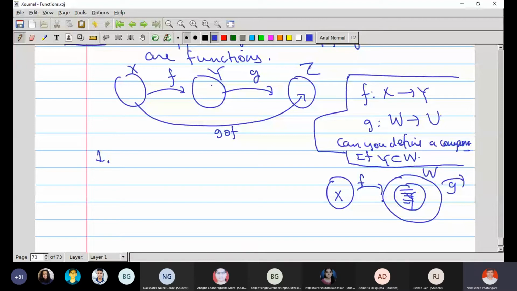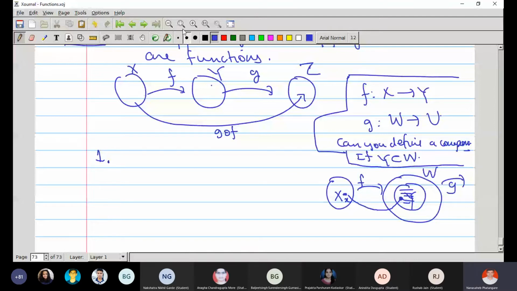Because if you take some point X here, its image will go inside Y and G is defined on the whole W. So G is defined at this point also. Certainly we can apply G on this element.